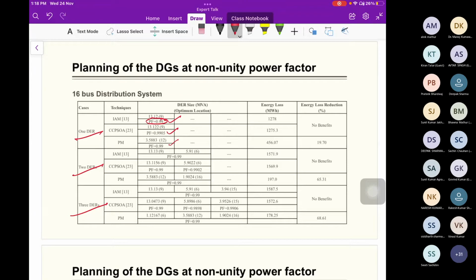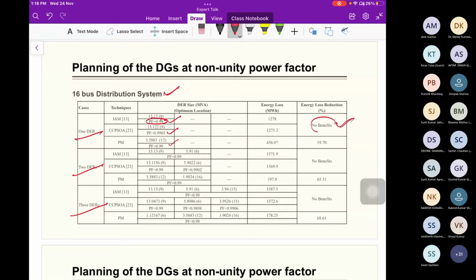In these conditions, in the 16 bus system, one more interesting thing is that the 16 bus system is a practical, realistic system. If we plan the integration of the DGs in a random nature, that condition creates the worst conditions.